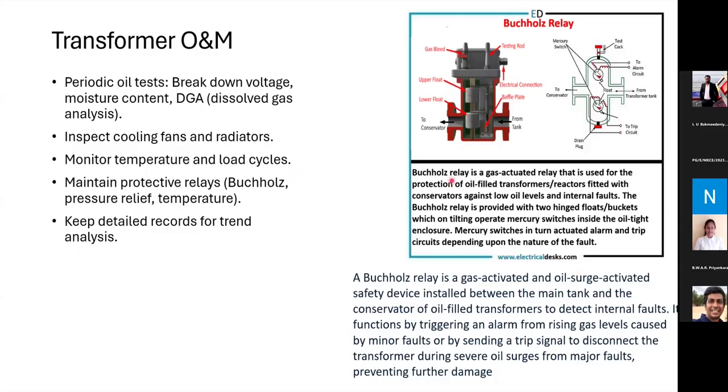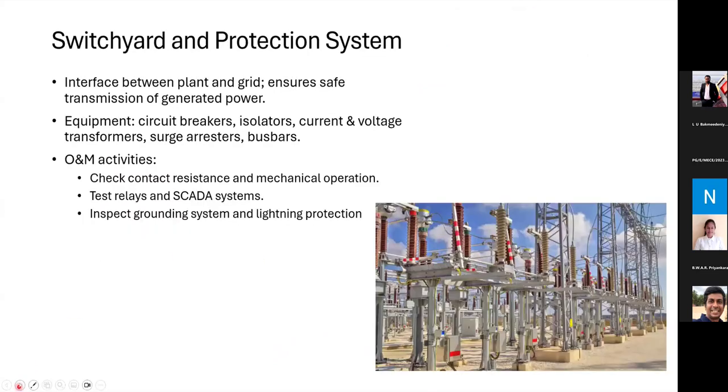There's a small explanation I have included in the slides regarding the Buchholz relay, so you can read that. It's basically to detect internal faults and safeguard the transformer during a fault event.